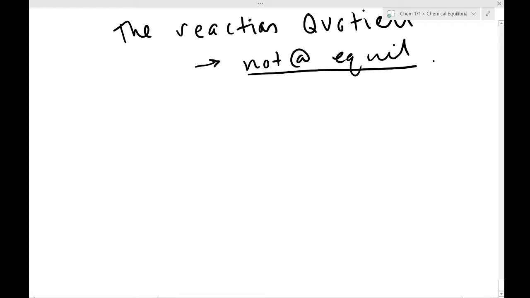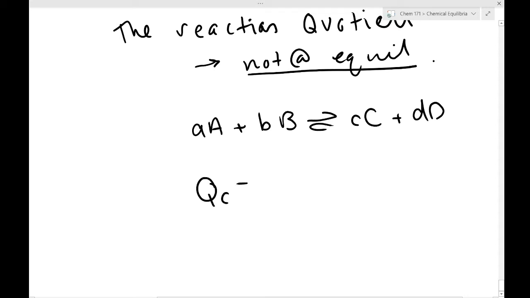So if you have a reaction, our favorite generalized reaction, aA plus bB goes to cC plus dD, we define the reaction quotient as the product of the products raised to their respective stoichiometric values.